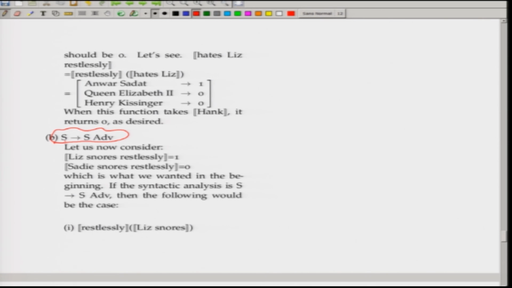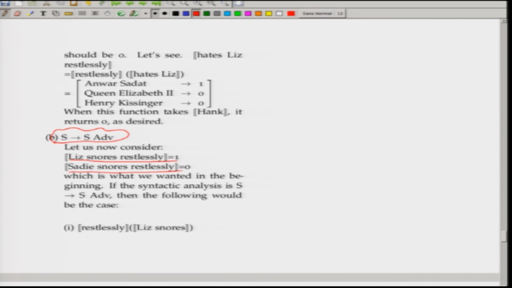Syntactically speaking, it sounds okay, it is apparently fine, but still it is actually very wrong. Why? Simply because we know that Liz snores restlessly is true, but Sadie snores restlessly is not true, right. We know these 2 things. This was our assumption.